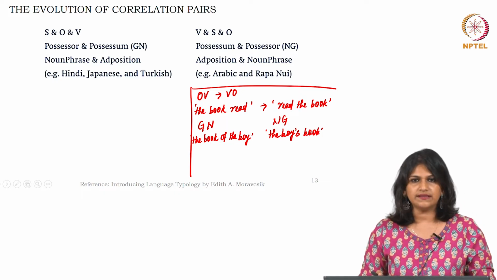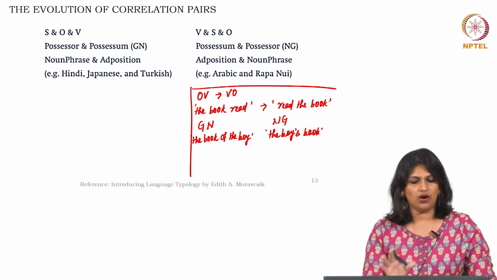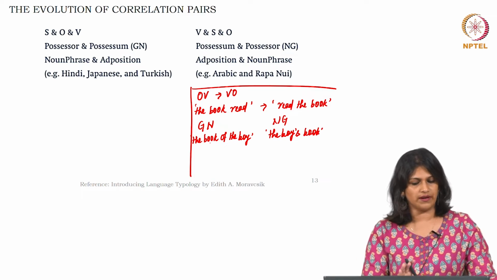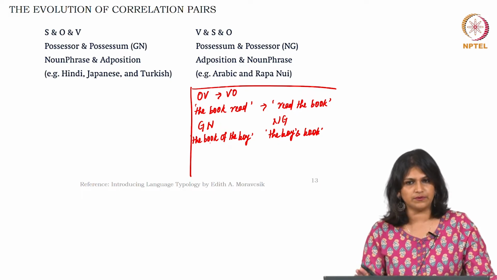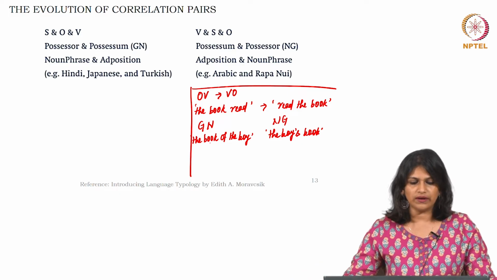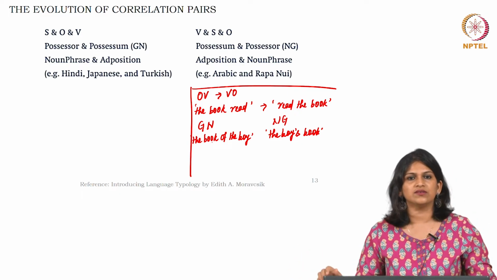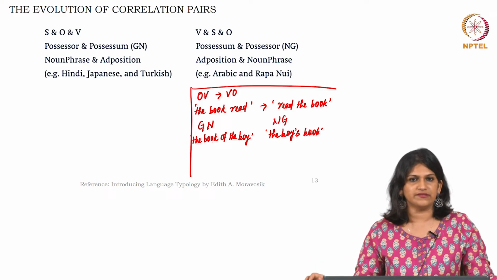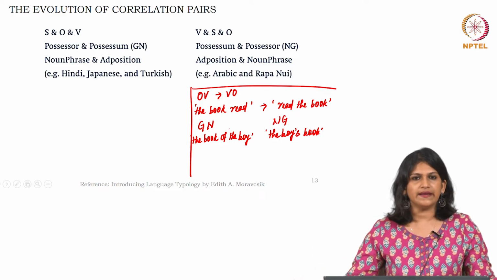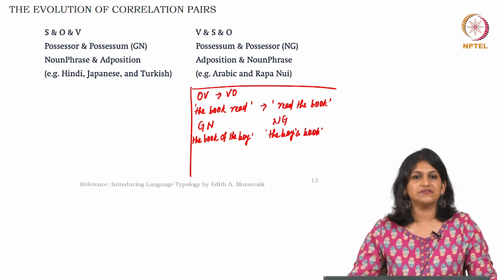So, in such case, the movement of GN to NG or possessor possessum to the other way round, or noun phrase adposition to the adposition noun phrase, how did such evolution happen and what are the linguistic evidence or the empirical evidence for it. So, do you think there has been any encyclopedic work on the cross linguistic tendencies of syntactic change?